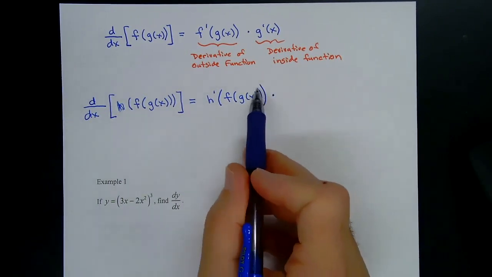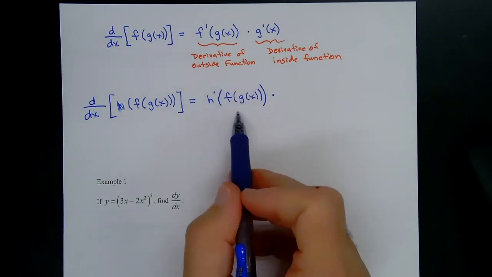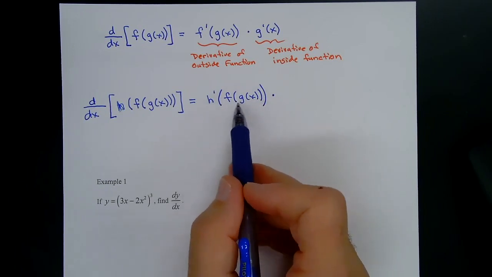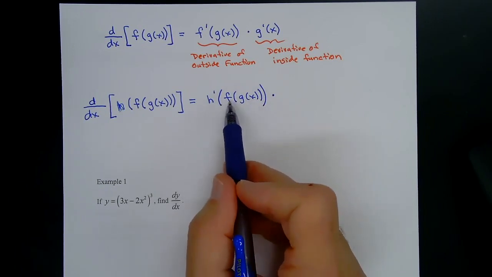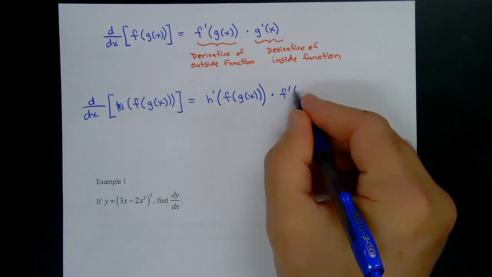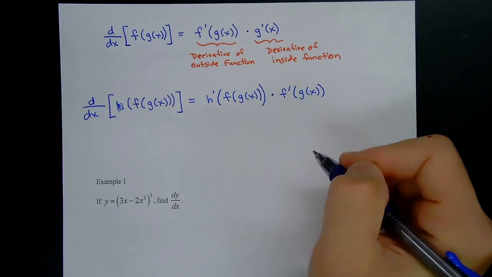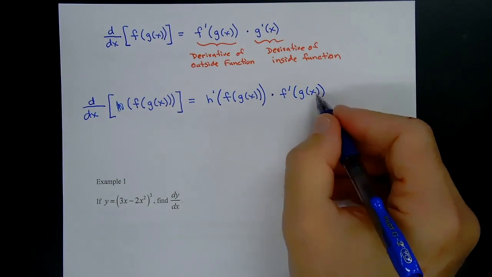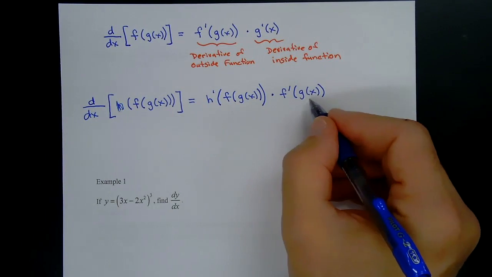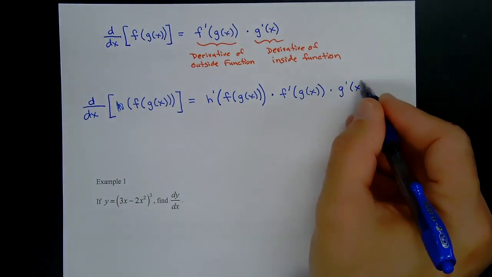Okay, so now I got to take the derivative of this inside function. Well, what is the derivative of this inside function? Well, we've got an outside function, right? So that would be f prime of g of x. And now we got to take the derivative of this inside function, which would be g prime of x.